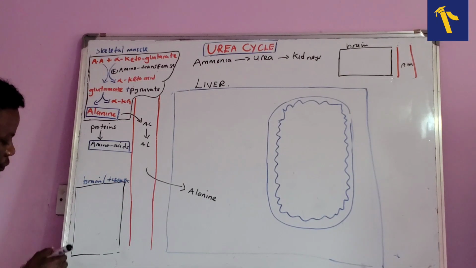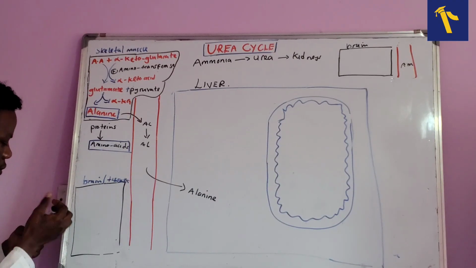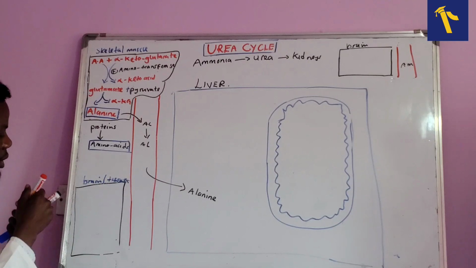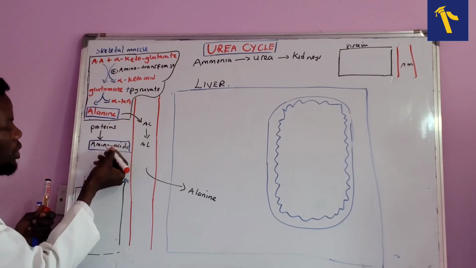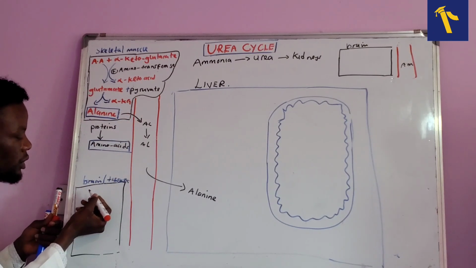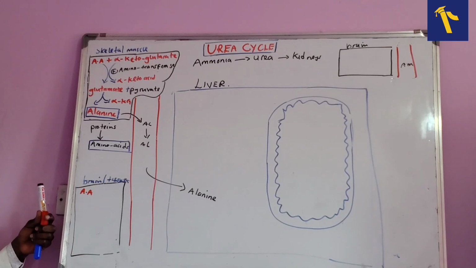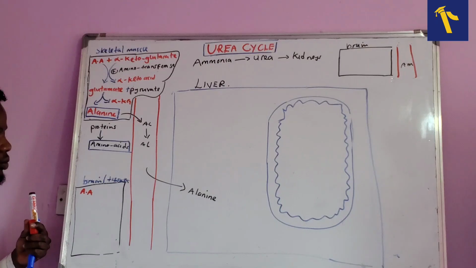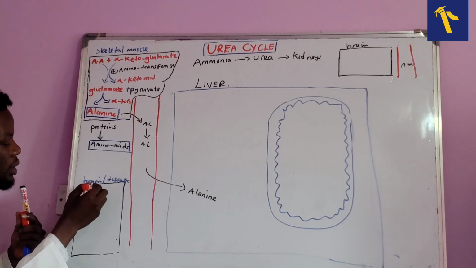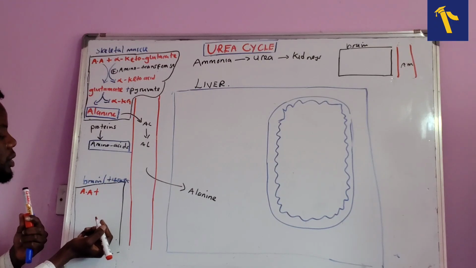The first important thing that we talked about was this one. We said we're going to use red. We said these amino acids went into the skeletal muscle, but they can also go into the brain tissues. So these amino acids from the digestion of proteins are there in the brain tissues, or in other body tissues. These amino acids can combine with what? We know the initial thing that can combine with the amino acid.